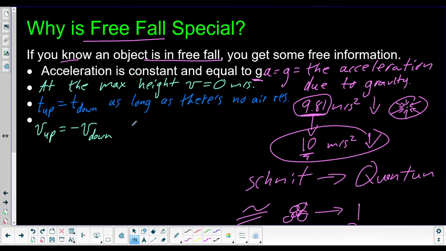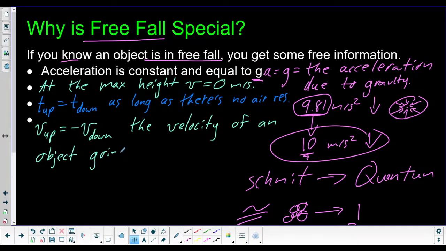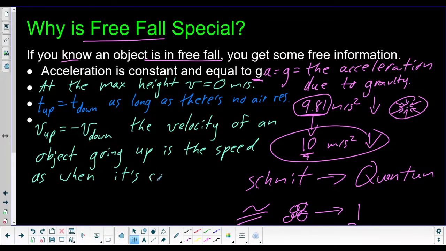The velocity of an object going up is the same speed as when it's coming down, when the heights are the same.